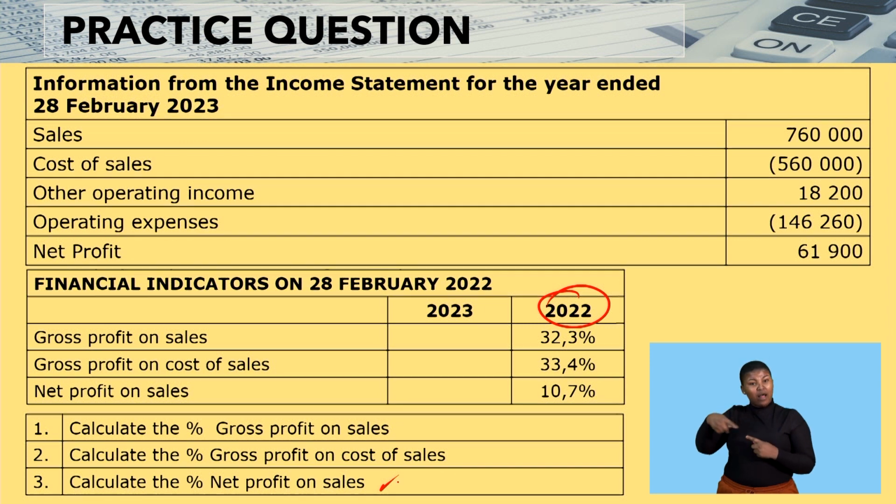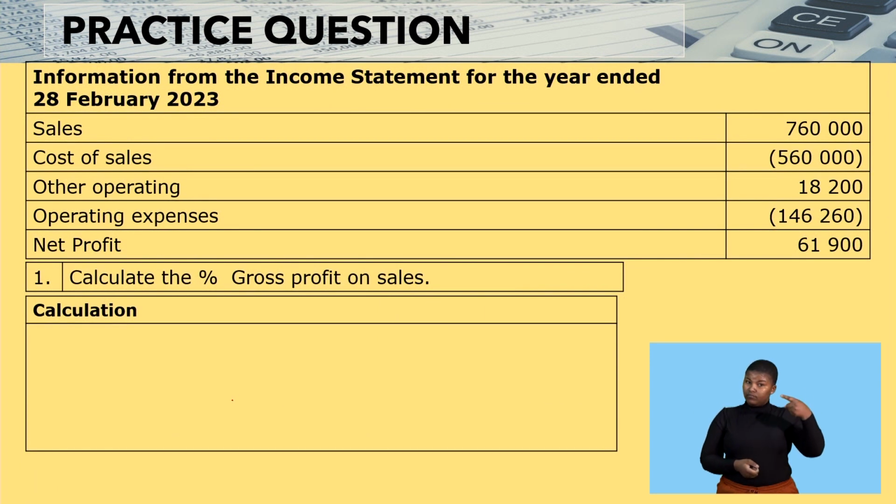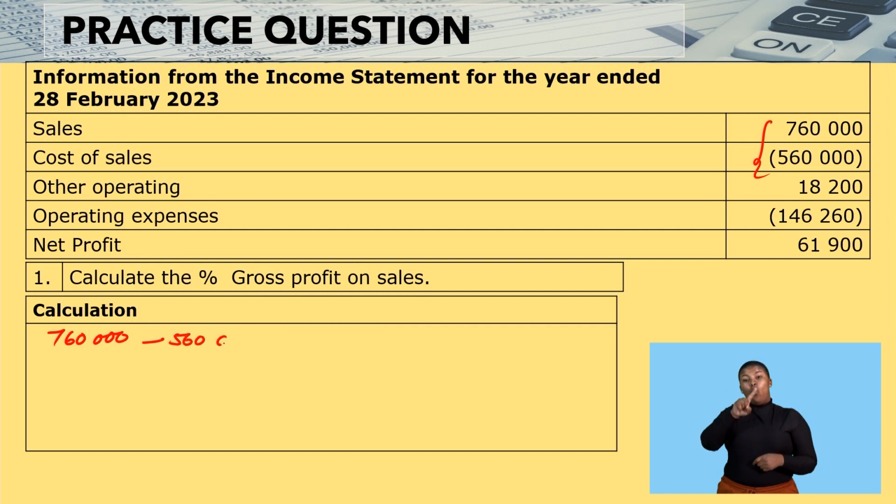Let us begin. The first one, we have to calculate the percentage gross profit on sales. That means I'll take my gross profit. Do I have gross profit? In this case, I am not given. So for me to get my gross profit, I have to say my sales, which is 760,000, minus my cost of sales, which is 560,000.